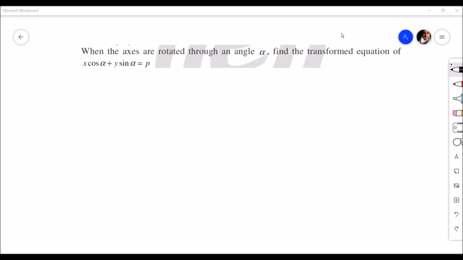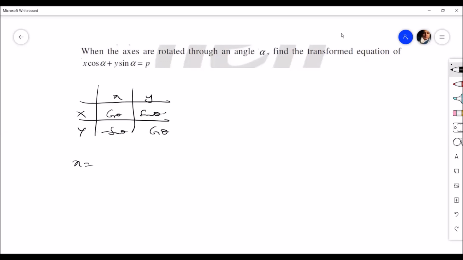So let me solve this for you. Again, find the transformed equation of so and so. So let me draw the table. Small x, small y, capital X, capital Y, cos theta, sin theta, minus sin theta, cos theta. So this is the original equation. So I'll have to substitute small x and small y. So small x is equal to capital X cos theta minus capital Y sin theta.